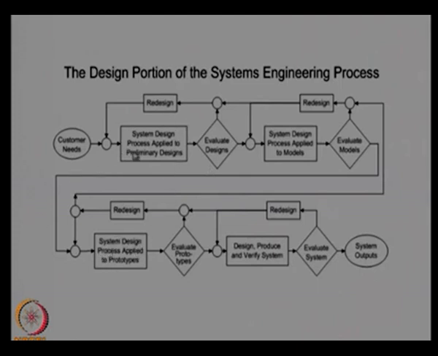So we have the design principles for all these stages like design stage, modeling stage, and then prototype stage, and then the produce and verification stage. So at every stage we apply the system design principles and then go back for redesign if it is not satisfying the requirements, and finally we end up with the final system outputs which actually come through the design, produce and verification of the system, which is evaluated and given out as a proper complete system.